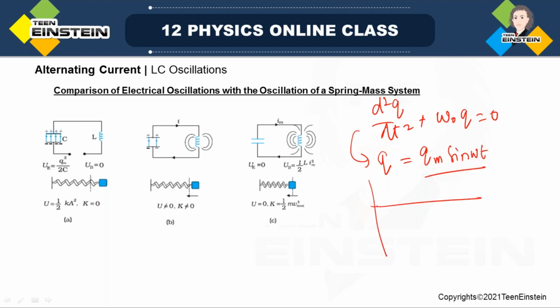In the beginning it will be 0. And the current will be oscillating as a cosine curve. Both are supposed to be in the same phase, so it will be something like this.